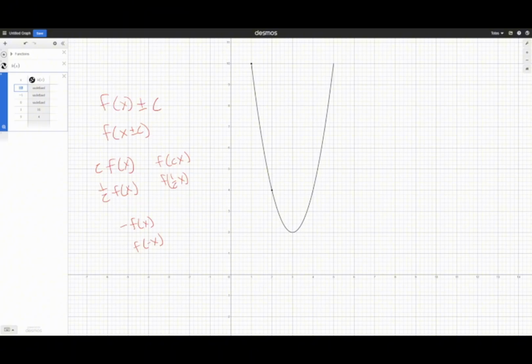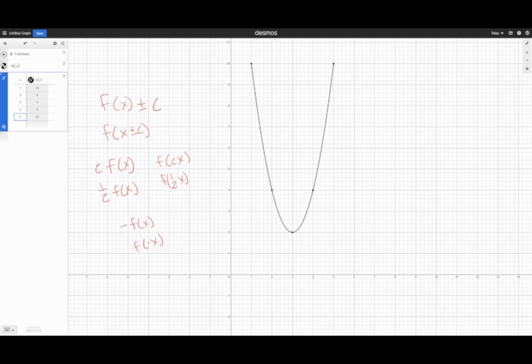So let's go with some values where we are defined: 1, 2, 3, 4, and 5. Those should be nice friendly values.